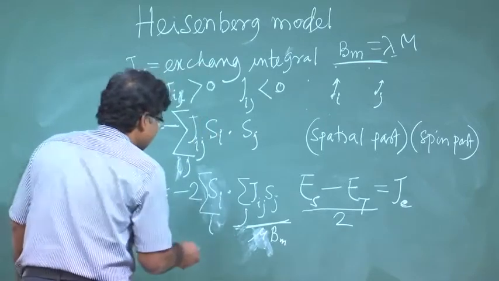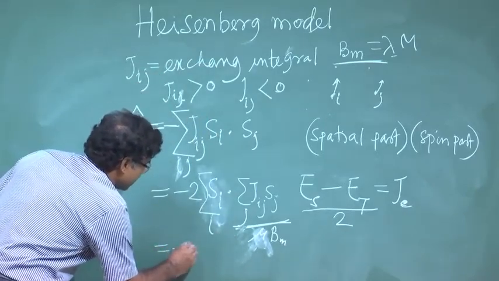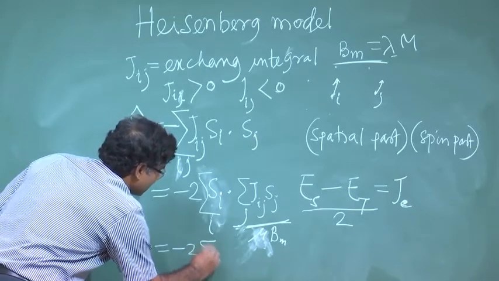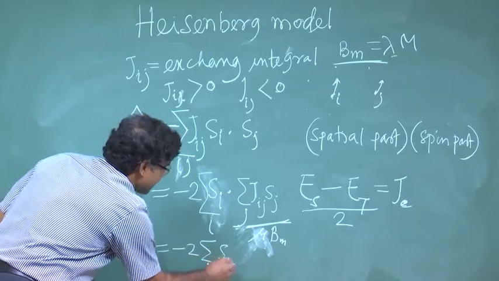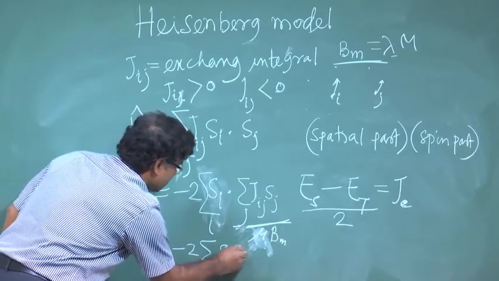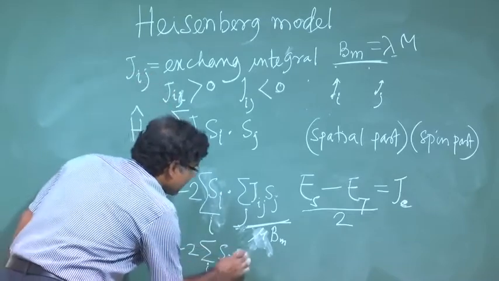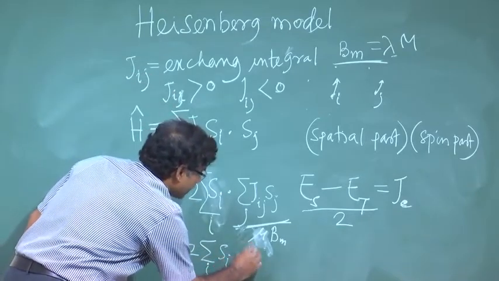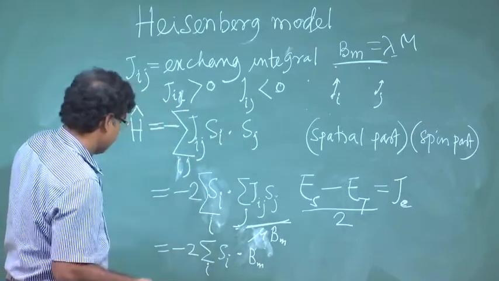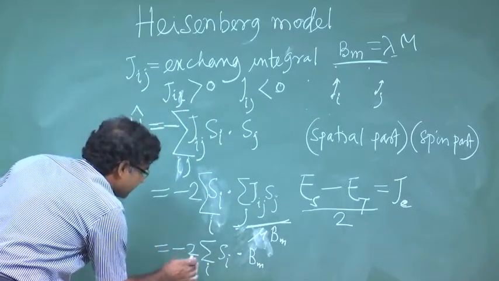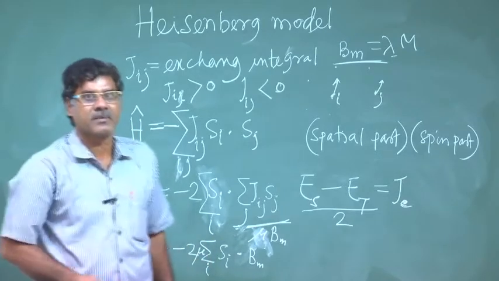So this I can write equal to minus 2 sum over I S I dot Bm, and that mu I can write here outside this constant.